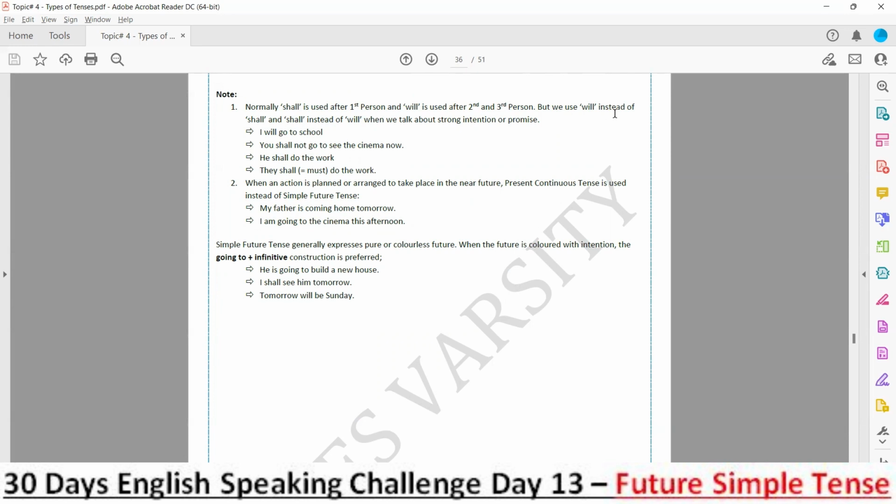But we use will instead of shall, and shall instead of will, when we talk about strong intention or promise. For example, as you can see here, I will go to school. The helping verb shall should be used, but will is used here because of the logic.